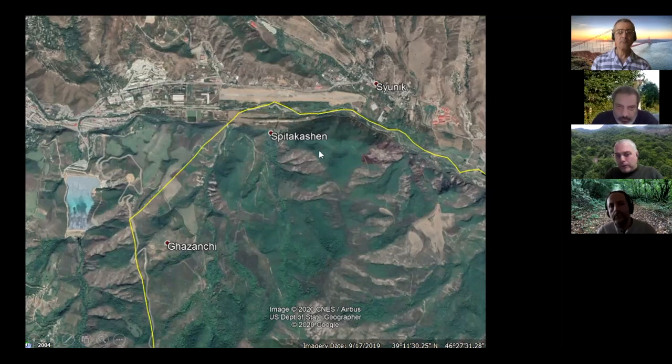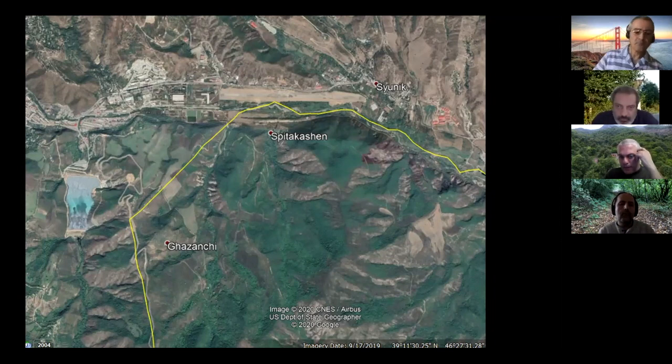Also, if they sit anywhere here, they will be about 1 kilometer away from Rapan city. So Rapan becomes a border city, imagine. And this is the neighborhood, Spidagashen, where we had a couple of houses, and one of these houses was burned. And this is the video we saw all over the internet two days ago.